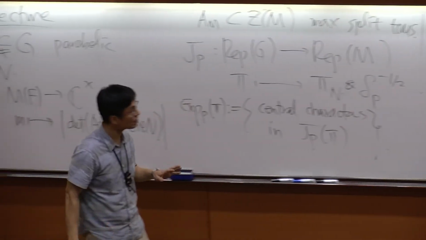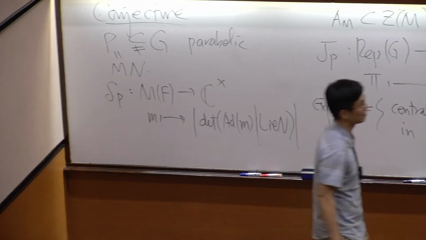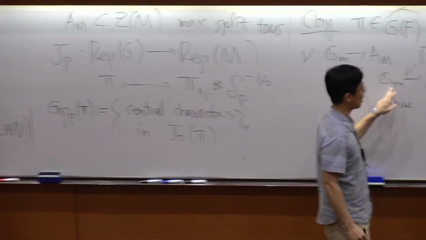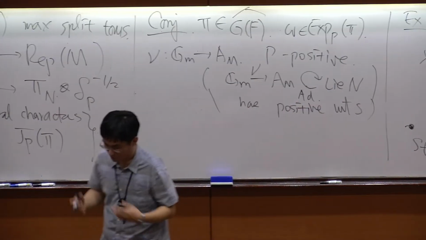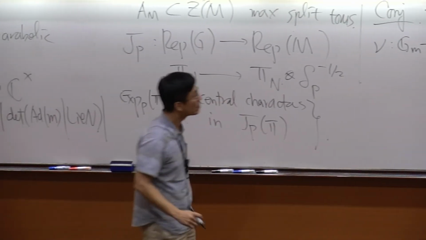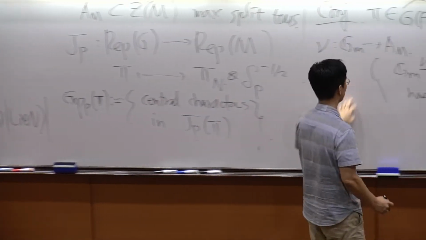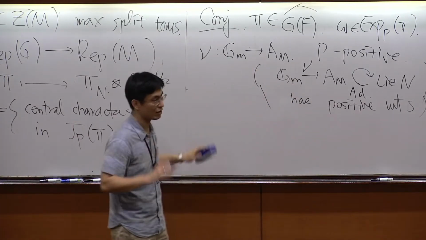So I hope that makes sense. I mean, there are other ways to phrase this, but, well, G_m acts on a vector space algebraically, so the weights are integers, and I'm just requiring the weights to be positive. So in the p-adic topology, it's going to be contracting, basically.